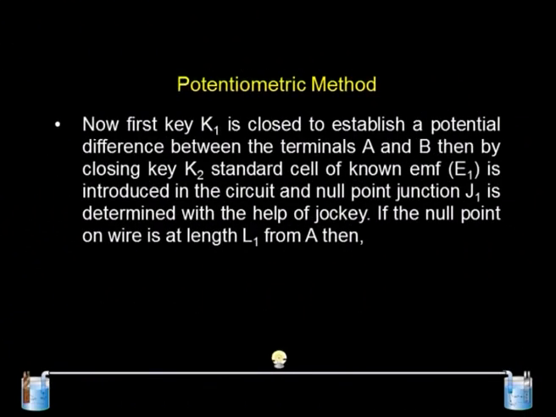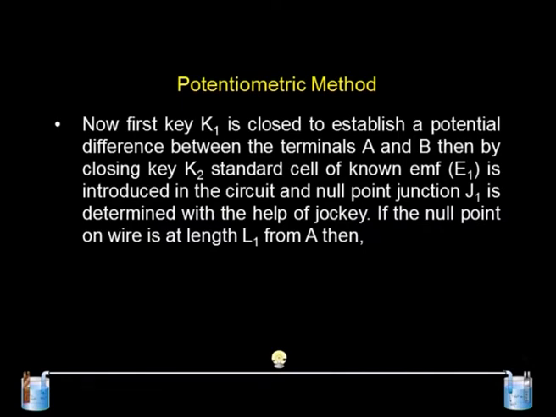Now, first key K1 is closed to establish a potential difference between the terminals A and B of the potentiometer. Then, by closing key K2, a standard cell or the cell of unknown EMF is introduced in the circuit and the null point junction is determined with the help of the jockey.